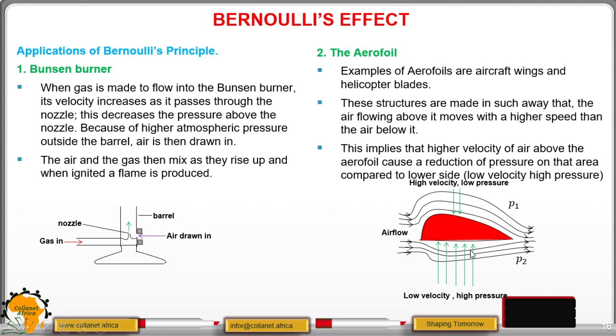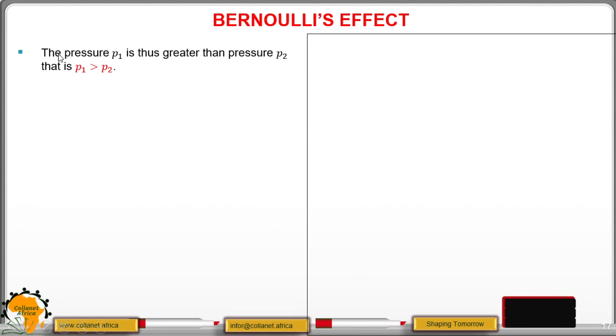Then on the lower side, air is moving a little bit slower, so we have high pressure, and this region creates a region P2 of high pressure. The pressure P2 is thus greater than pressure P1.